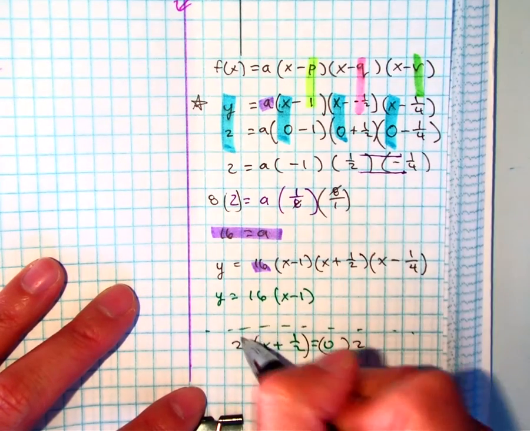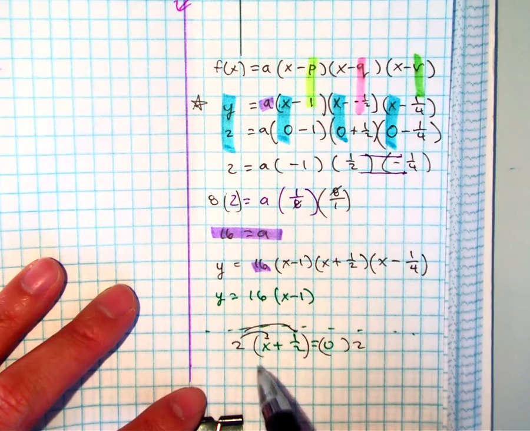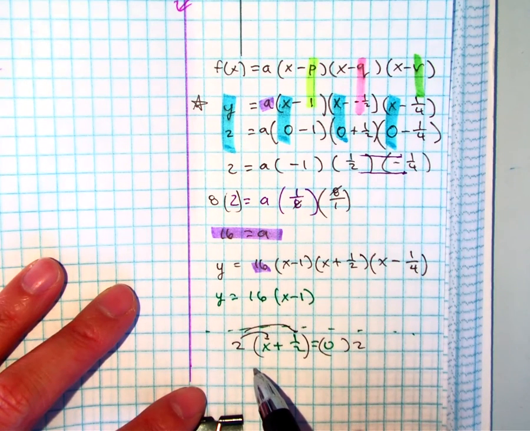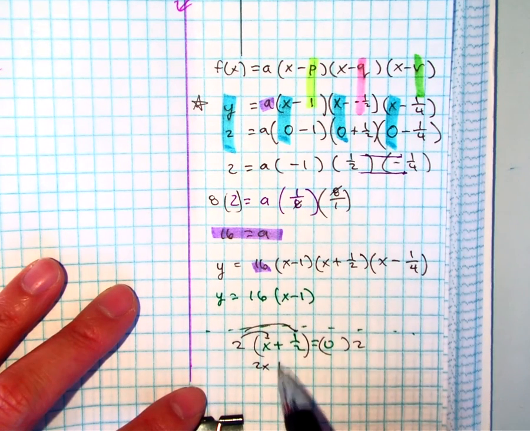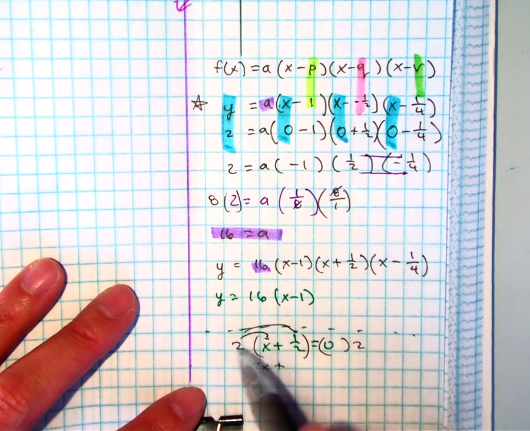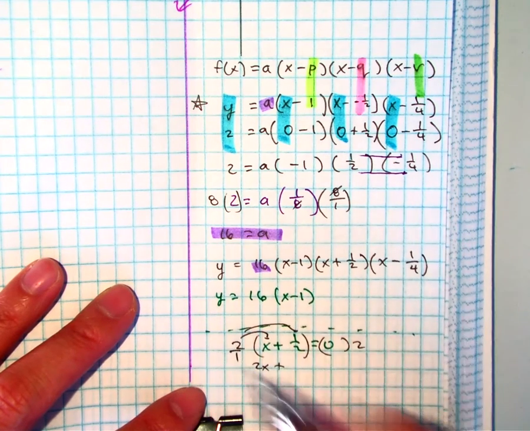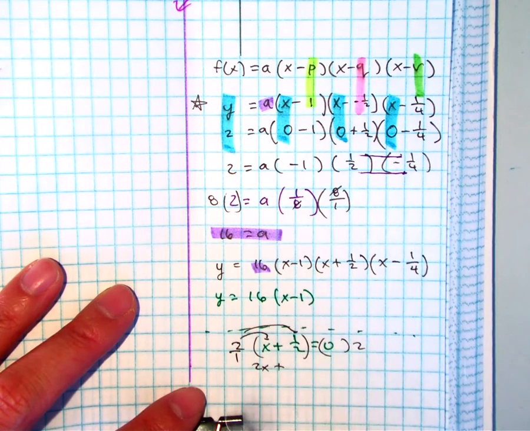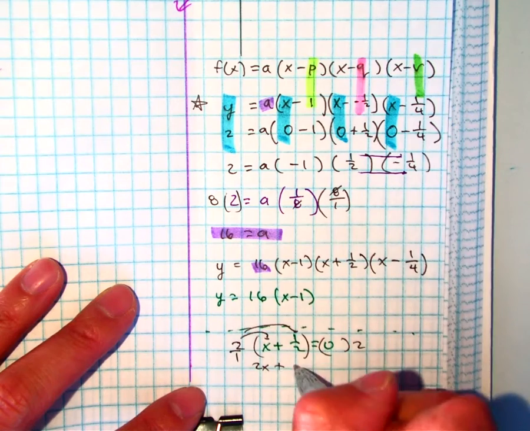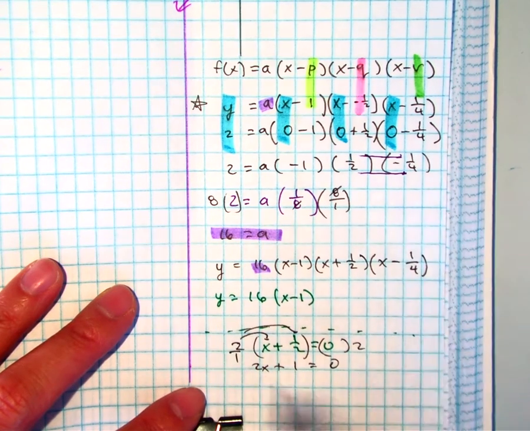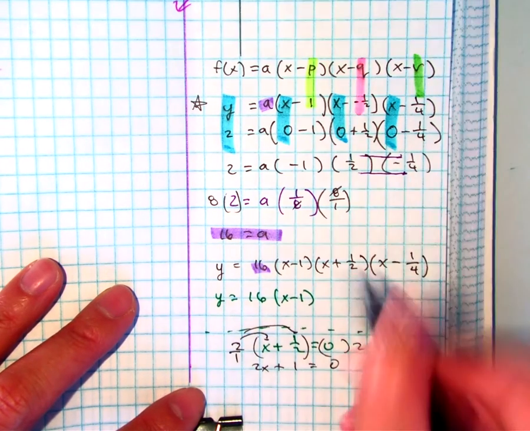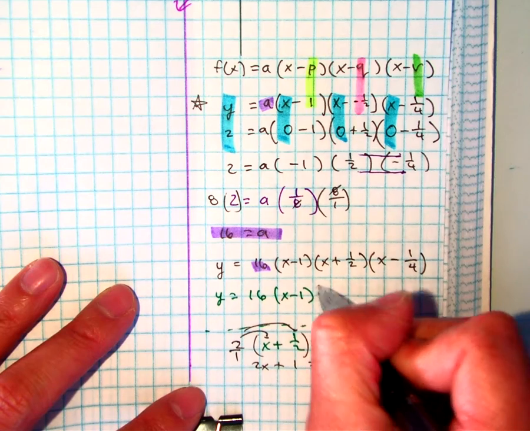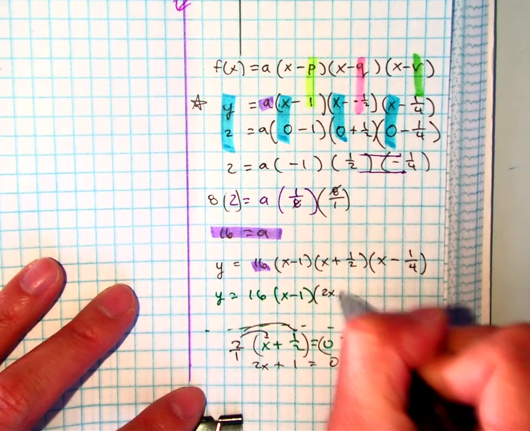If you distribute, what do you get? 2x plus, what's 2 times 1/2? Multiply the numerator and denominators, you get 2 over 2, and 2 over 2 is just 1, and this is still 0. So what I'm trying to show you is that basically x plus 1/2 is the same thing as 2x plus 1.